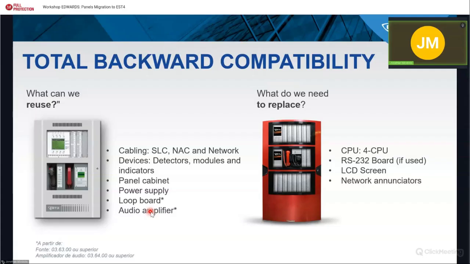But if you see this has an asterisk, you must check the firmware version of any card, such as the loop cards, IDC cards, and amplifier cards if the EST3 has audio evacuation and fire telephone, because we have a version required for the migration.